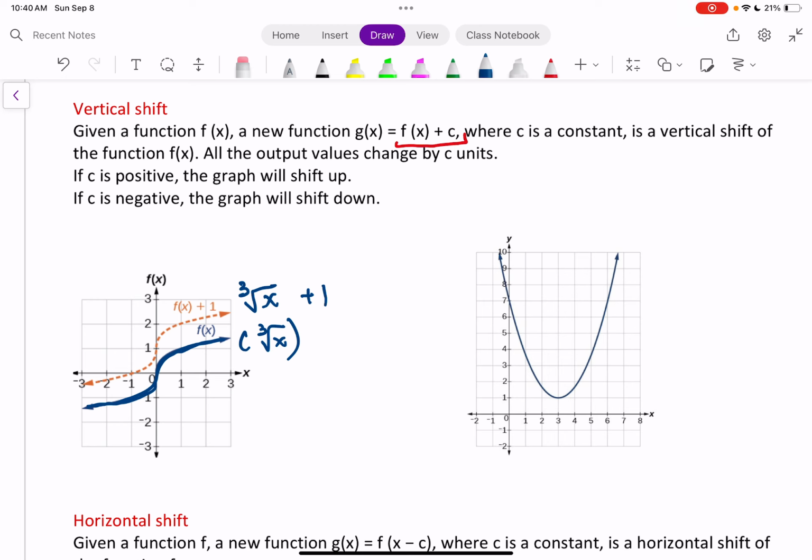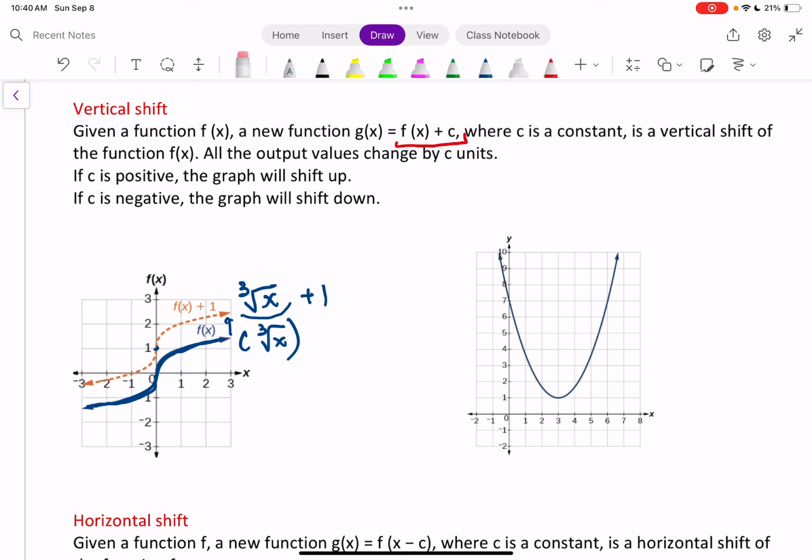All we're doing is shifting the graph up, because all the y values you had before, remember, when you plug in an x, you create a y value, are going to now be 1 more. So you're just adding 1 to the y values. Therefore, your whole graph goes 1 unit up. I hope that makes sense.